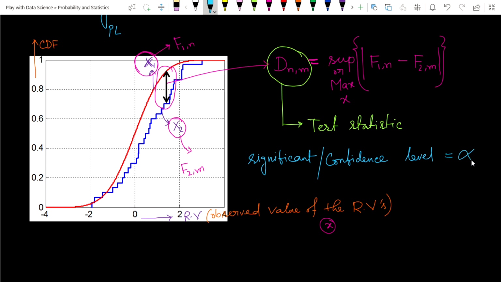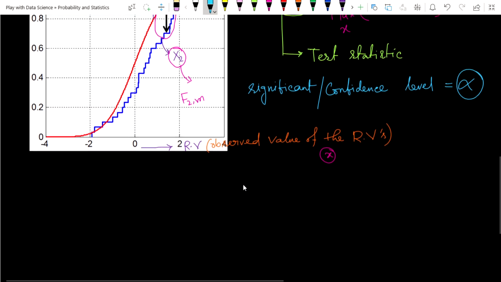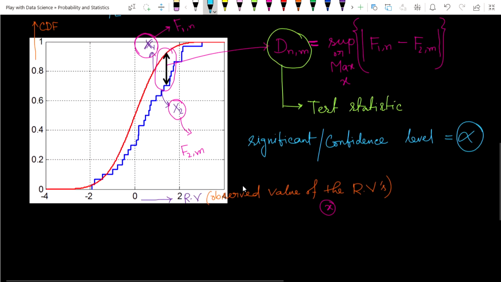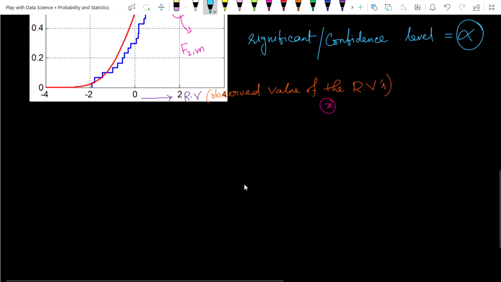This is our significance or confidence level. Now the formula that I have to maintain here.